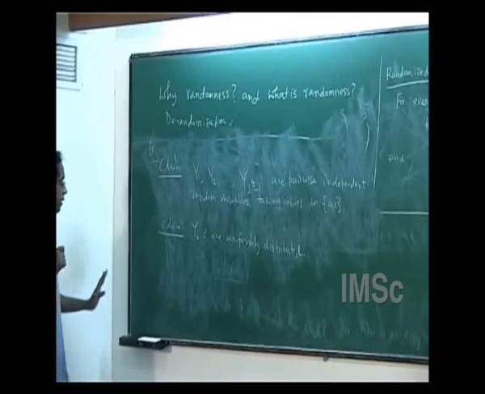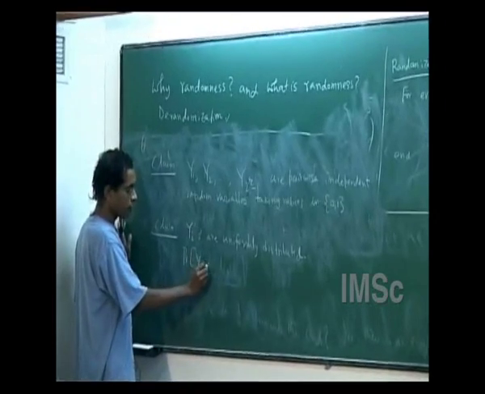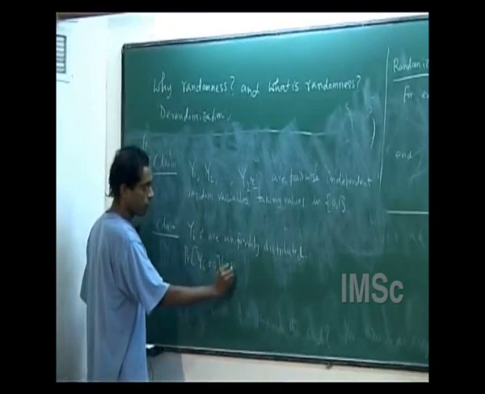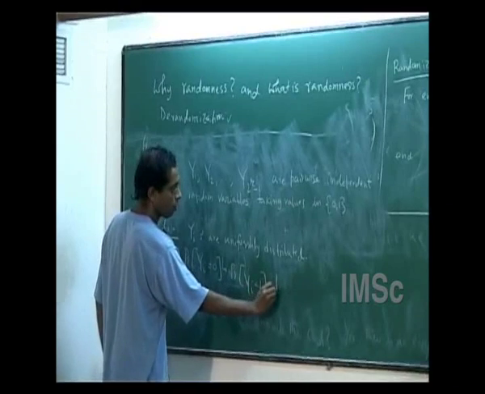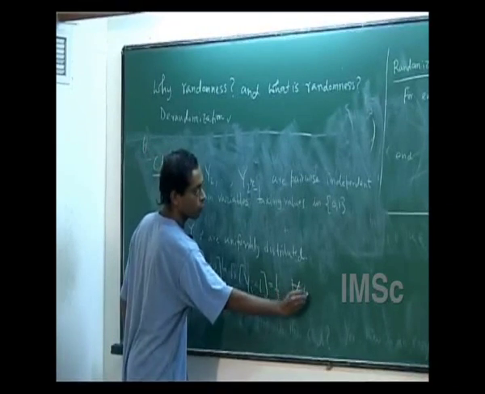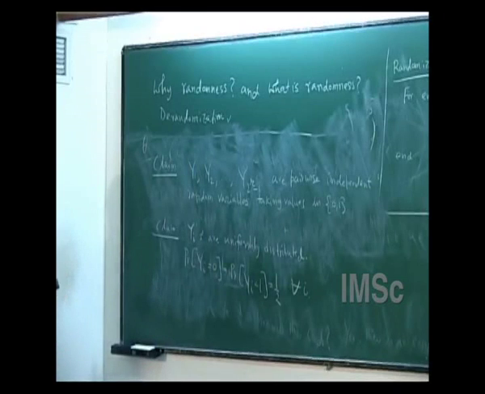What do you mean by that? You simply mean that the probability that yi takes a value 0 is equal to the probability that yi takes a value 1, equal to half. This is true for all I. I have to prove this.